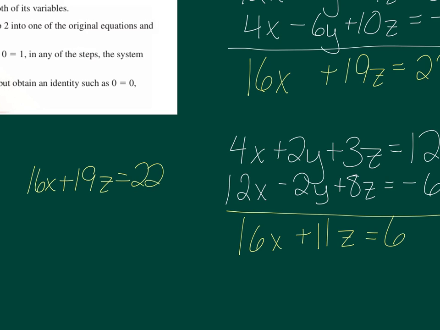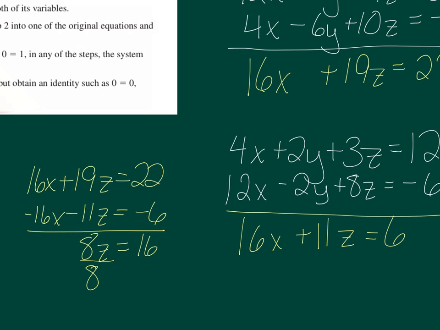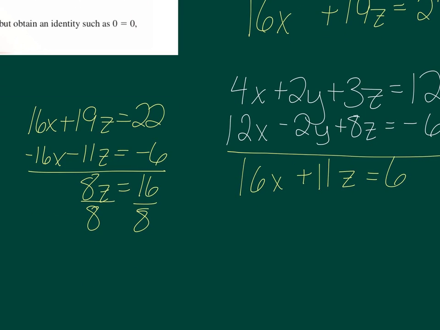So I'm going to say negative 16x minus 11z is equal to negative 6. Now when I combine these, I can just add and they will cancel out. So the x's are going to cancel. 19 minus 11, I get 8z. 22 minus 6 is equal to 16. I can divide and finally find one of my variables, and I get z is equal to 2.